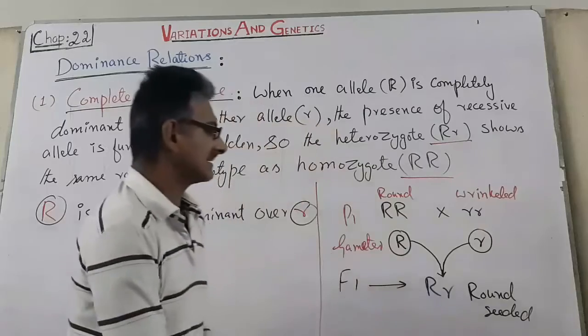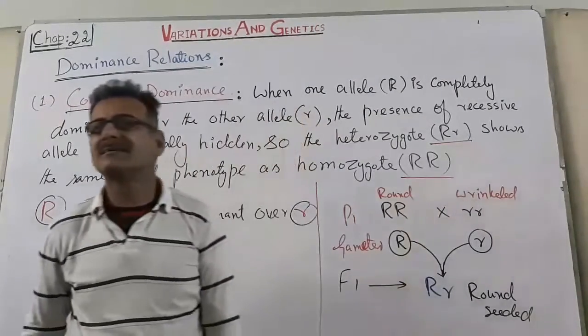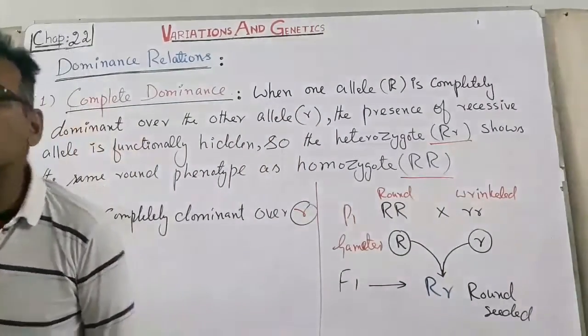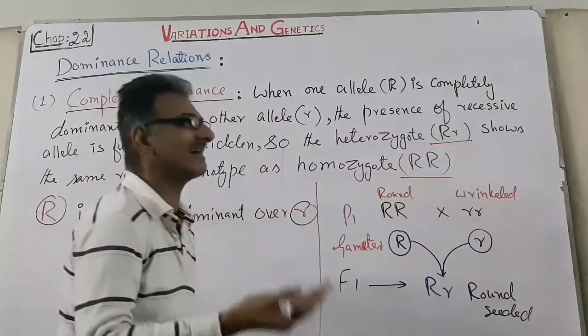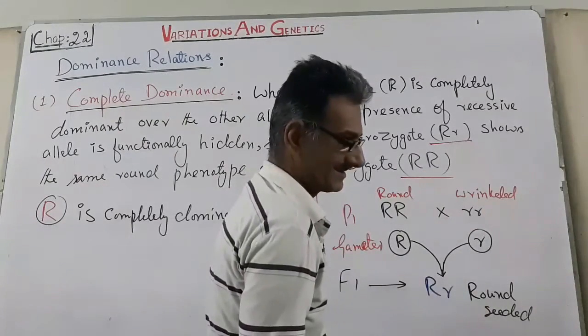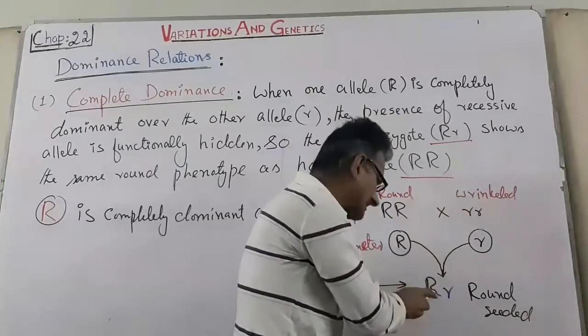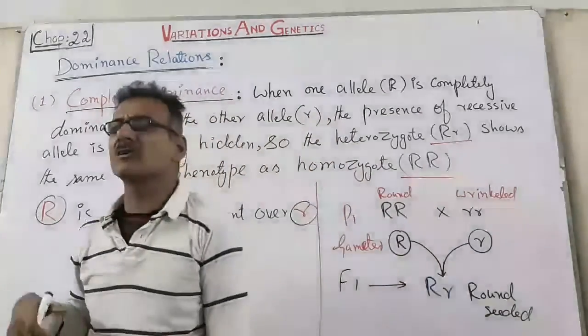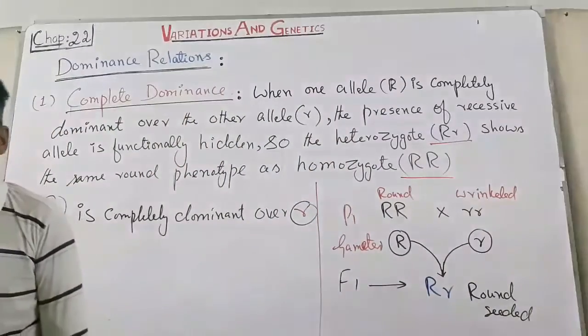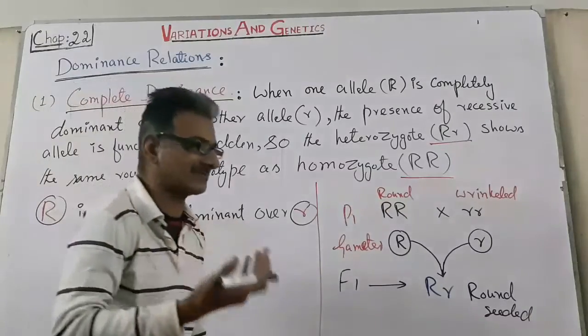So the wrinkled phenotype has disappeared, is hidden. Only the capital R shows itself and small r is masked.